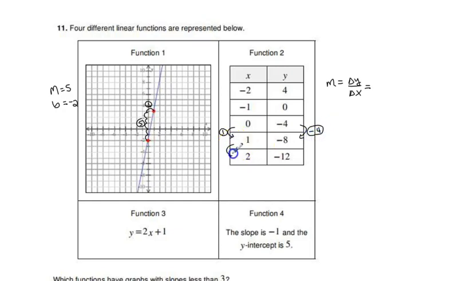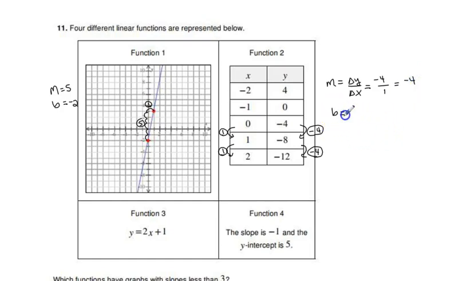And then my x values go up by 1 again, and my y values go down by 4 again. So change in y is -4, change in x is 1. So that slope is -4.